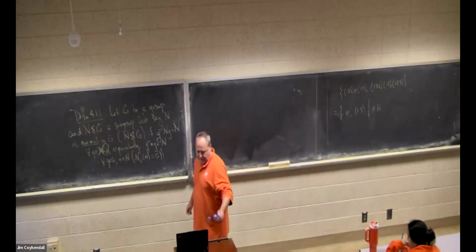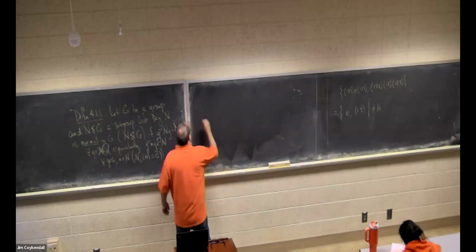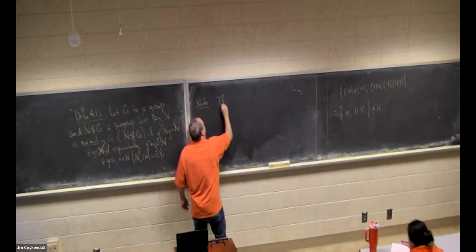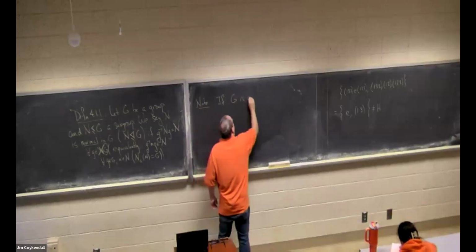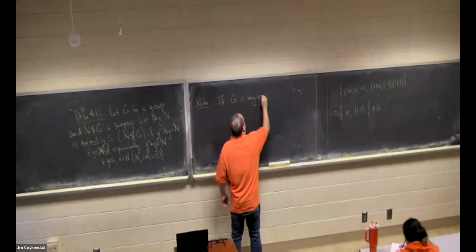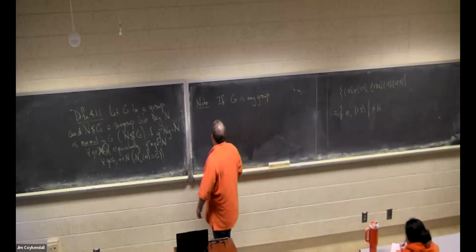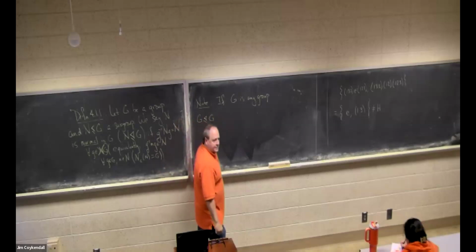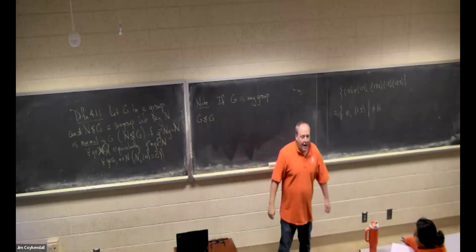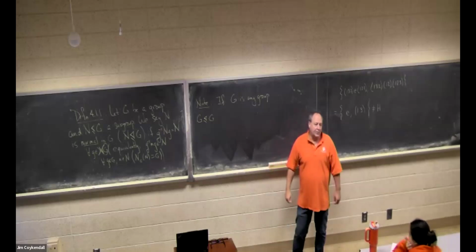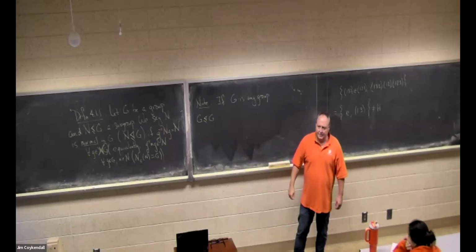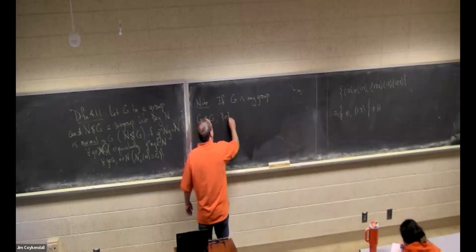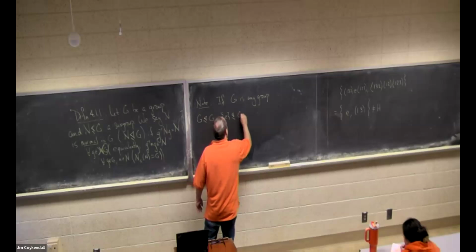So, let me point out, G is normal in itself, right, in a very silly way. And there's also another subgroup that's always normal, the subgroup of just the identity element.